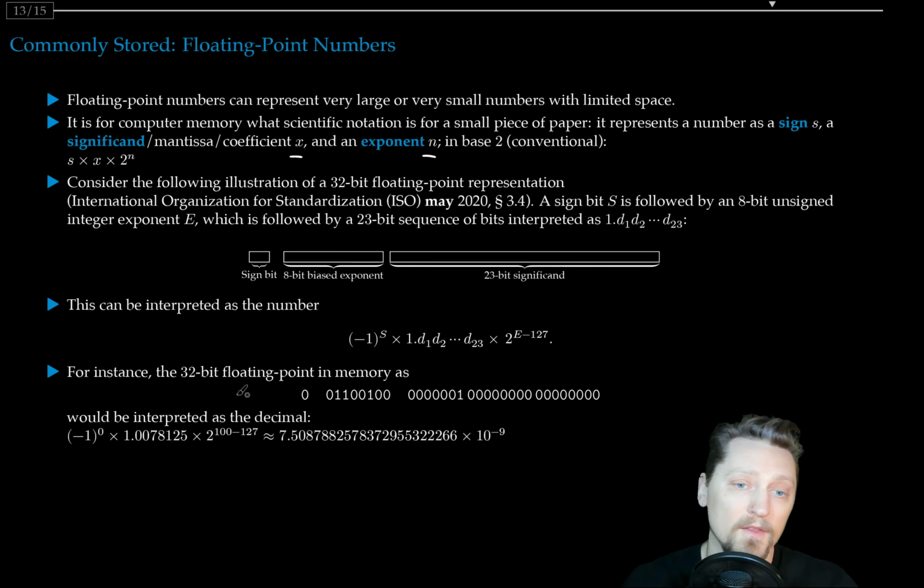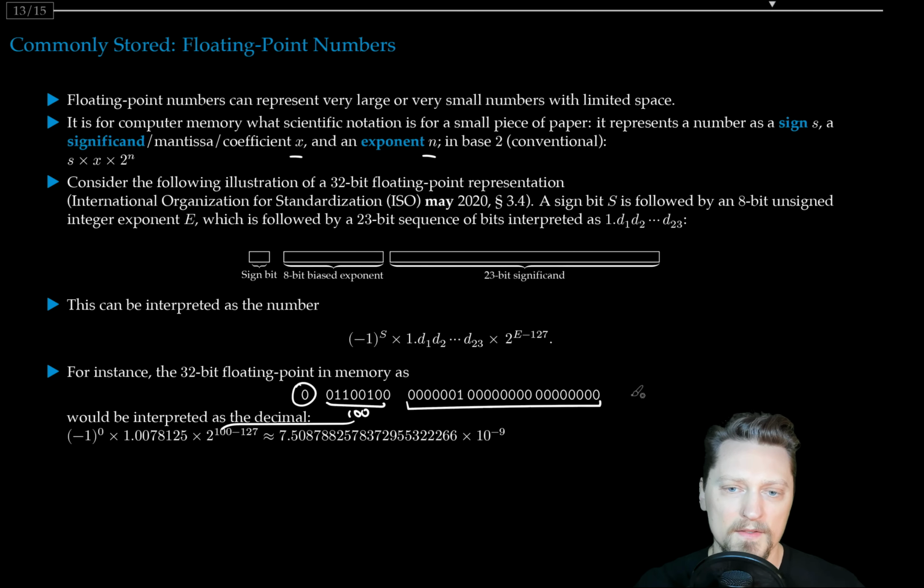For instance, we can represent the 32-bit floating point in memory as 0, and then we have our 8-bit biased exponent, and then we have the digits thereafter. It would be interpreted as the decimal -1 raised to the 0, so this sets the sign. -1 to the 0 is 1, -1 to the 1 is -1, so it's either +1 or -1, times this, which is binary for 100, our exponent here that gets biased by 127, and this is our base 2 number with a radix point, 1 point digits 1 through 23.